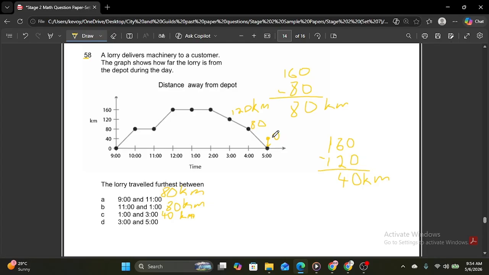So when we look at the time there from 0 to 80, that's 80 kilometers traveling from 4 to 5. When we take this into consideration, here's the first thing we're gonna do. Let's subtract 120 minus 80.